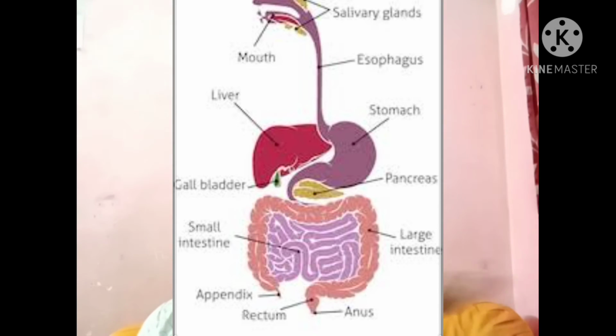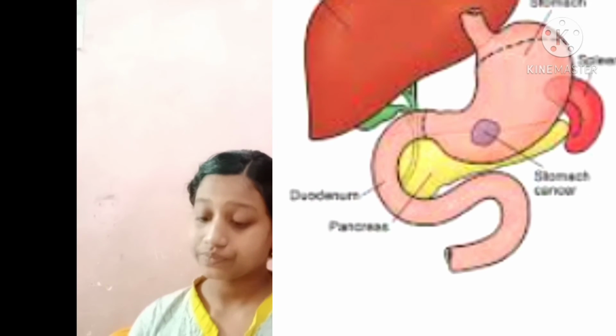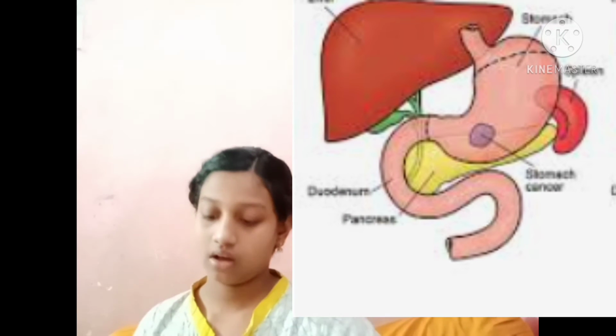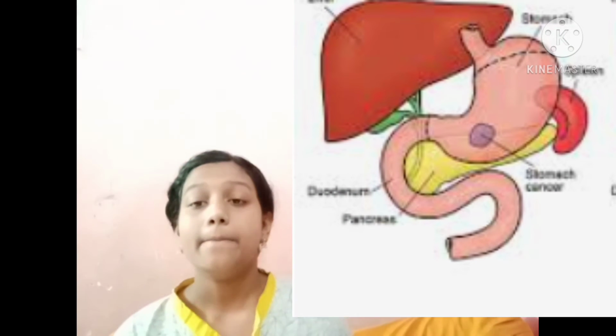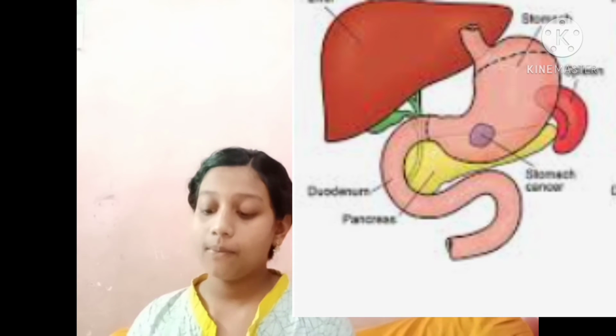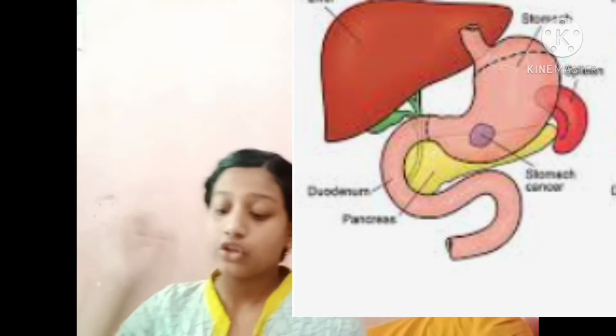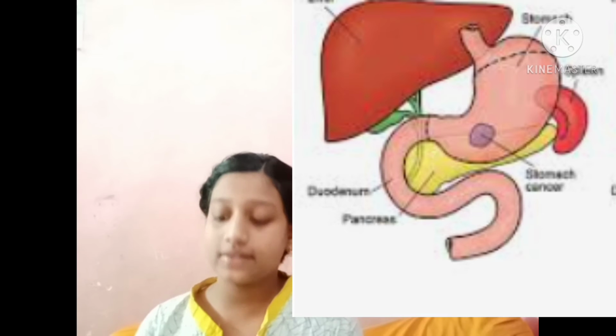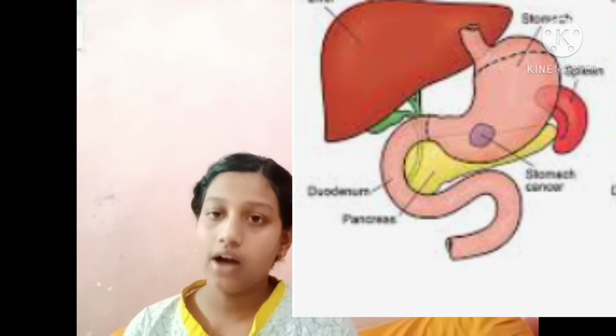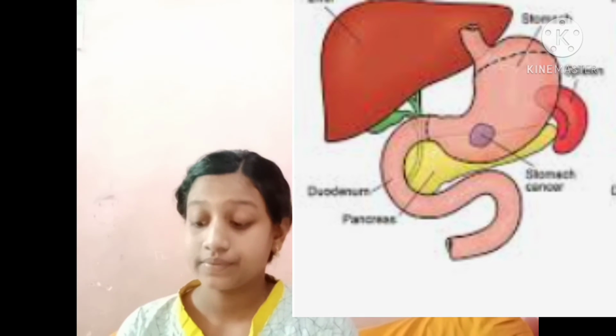So, what is the liver and what is the pancreas? Let's see. The liver is a reddish brown organ present on the right side of the body above the stomach. It produces bile juice which is temporarily stored in another sac-like organ called the gallbladder.